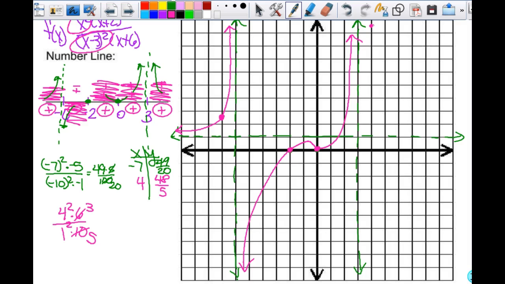So I could try 5, but maybe we'll try 6, get a little farther away. For 6, it's going to give me 6 squared times 8 over 3 squared times 12, right? And so this gives me 36 times 8 over 3 squared times 12.